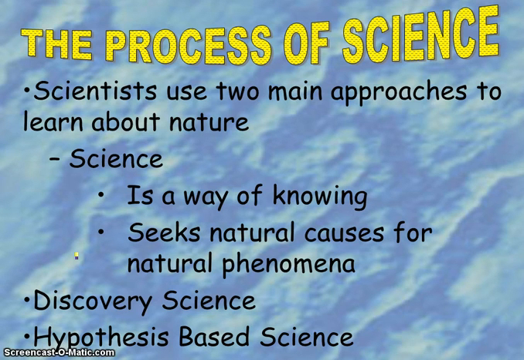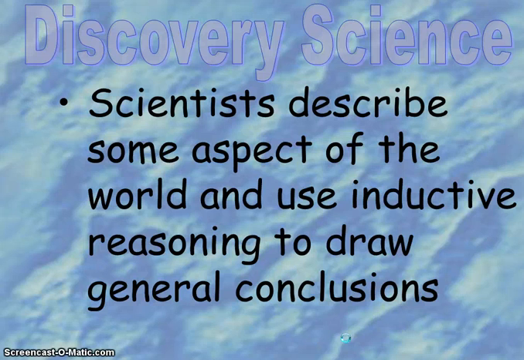Deductive reasoning is very general in its observation and it goes to a very specific conclusion. So discovery science is going to be using inductive reasoning, whereas hypothesis-based science is going to be using deductive reasoning.